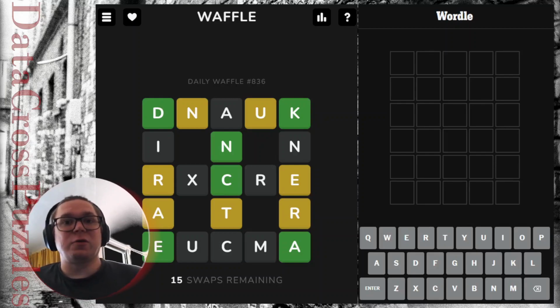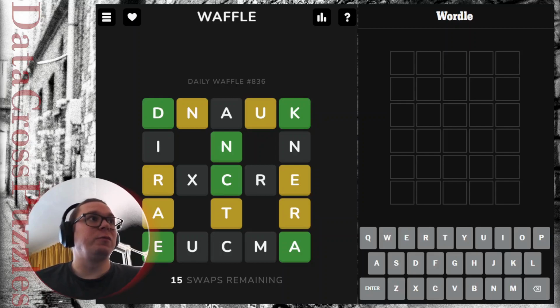Okay, so we'll start with the Waffle, and we will see that the top row has an N and a U in the word, so that's interesting. It's probably DU, right? And then it ends in NK. Or no, the U is probably in the third position, and I'm thinking it's probably drunk.